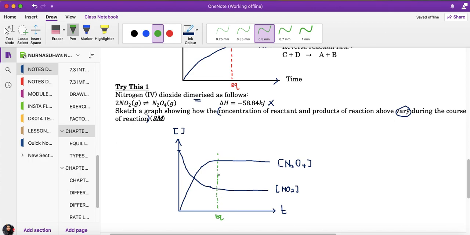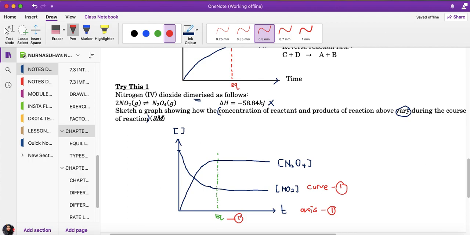Okay, now 3 markahnya kat mana? First, when you label concentration versus time, axis ni dah dapat 1 markah. Then your curve 1 markah. Final ni yang equilibrium ni, awak kena label equilibrium 1 markah. Basically kita nak bagi markah free je kat awak. So sayanglah kalau awak tak tahu these 2 graph.